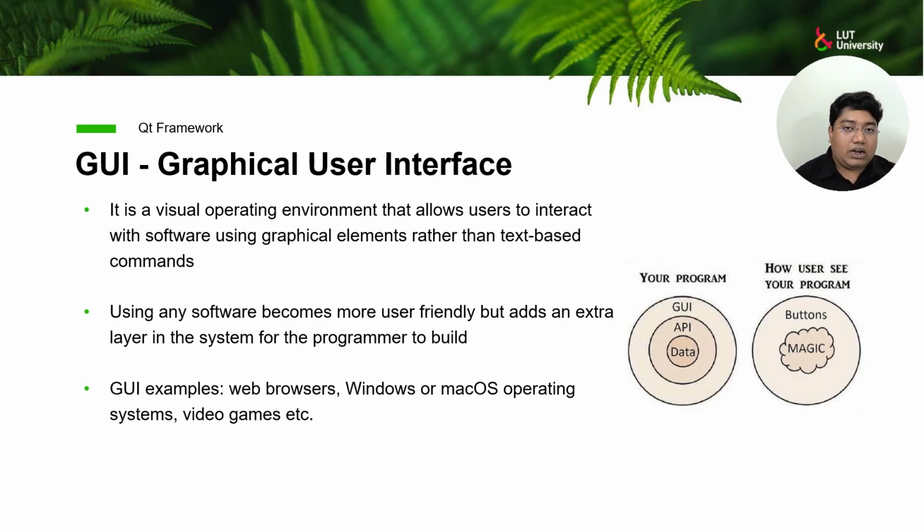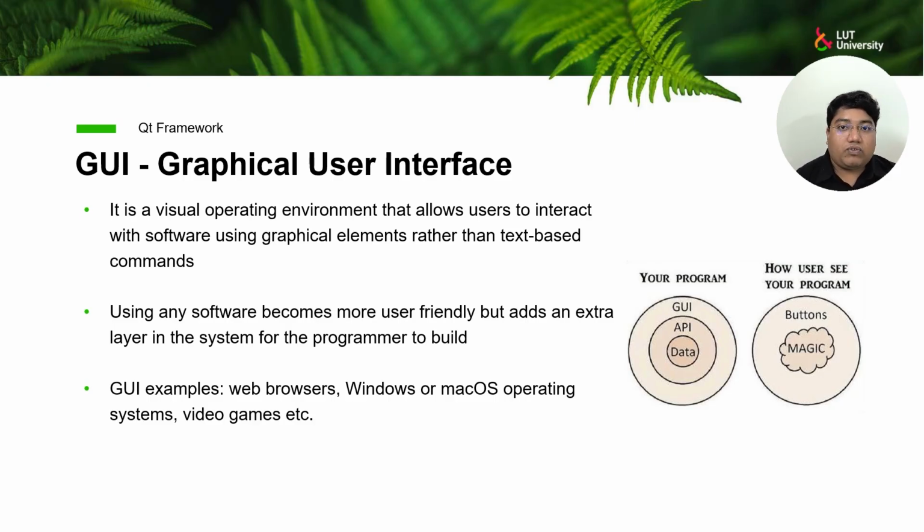The visual layer is called the graphical user interface, or simply GUI. You could pronounce it as GUI or GUI, both are correct. Today we will simply call it GUI.